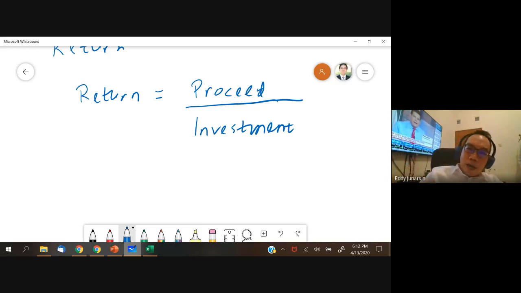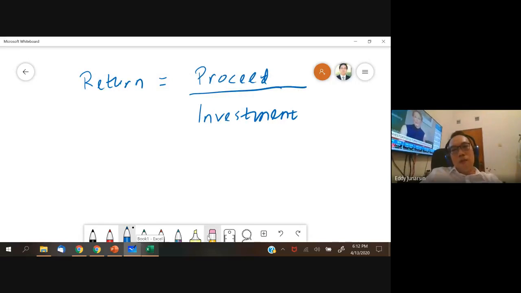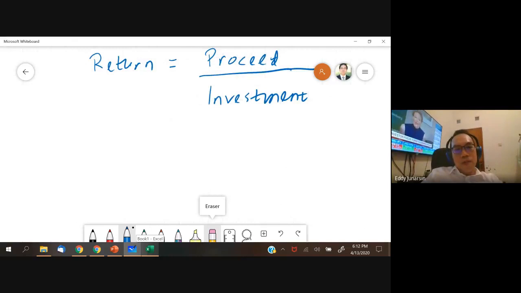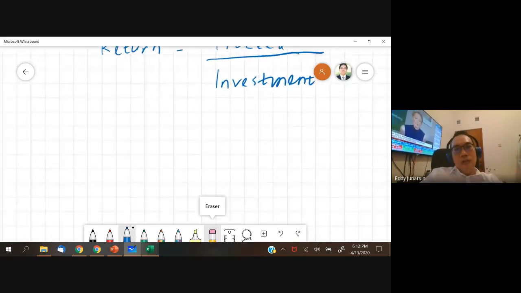So again, one more time, proceed might come from different forms, but in principle, you want to get some proceeds from your investment. So proceed divided by your initial investment, then you get your percentage of return, right? A certain percentage point of return.